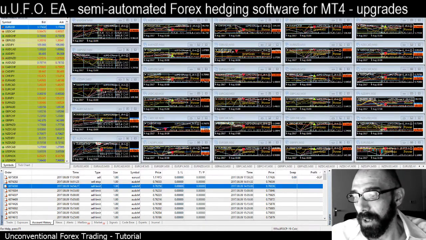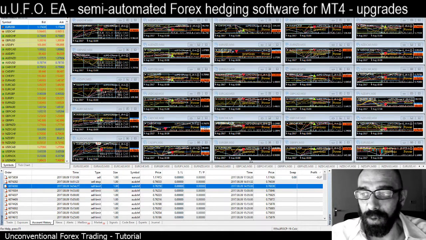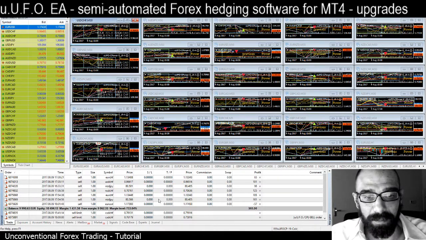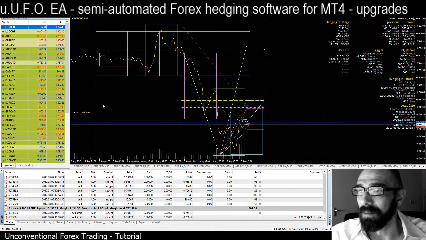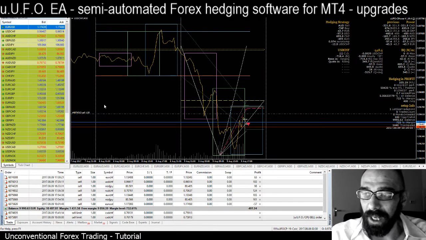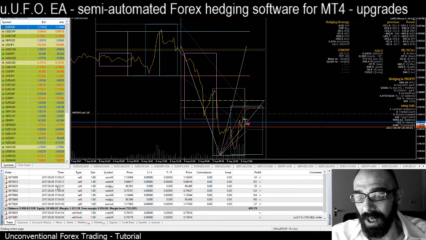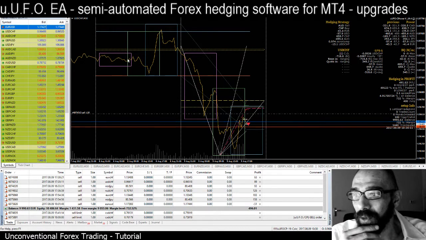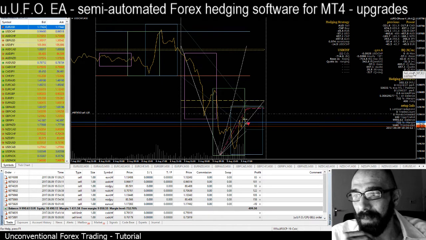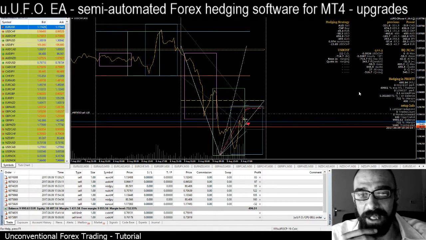Okay, so let's first of all show some features that are running in the algorithm that are new, and then we can talk about the performance, because there are some trades here that you can see have just started today. I was working until some days ago to make all the improvements that you will see both in these panels and also in the interface.